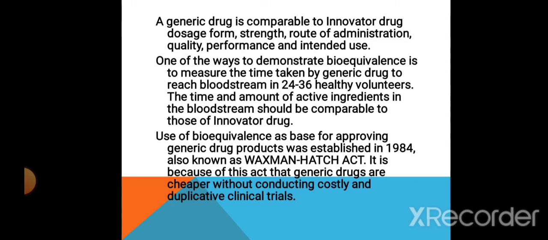The use of bioequivalence as the basis for approving generic drug products was established in 1984, in what is known as the Waxman-Hatch Act or Hatch-Waxman Act. It is because of this act that generic drugs are cheaper, without conducting costly and duplicate clinical trials.